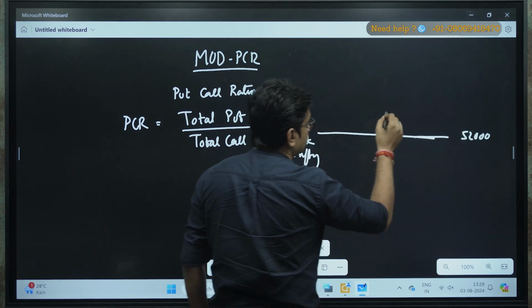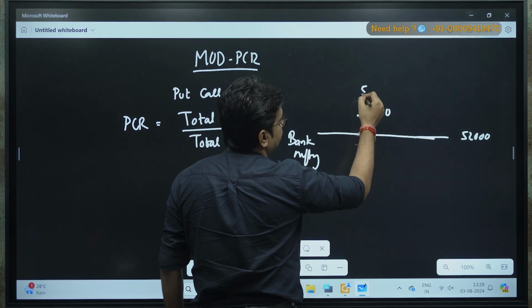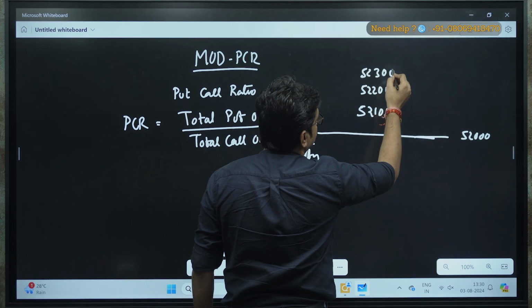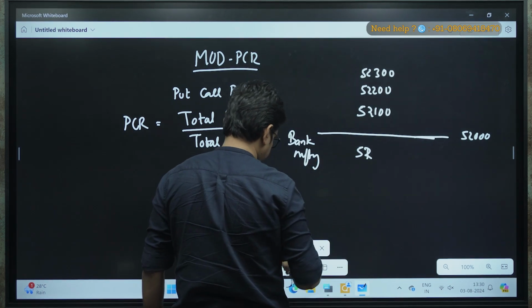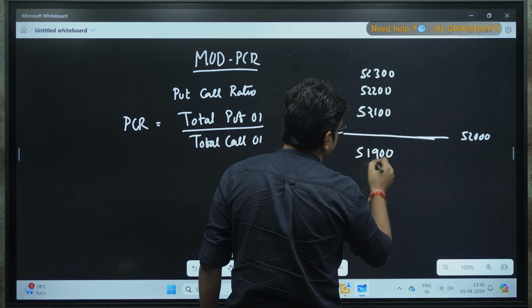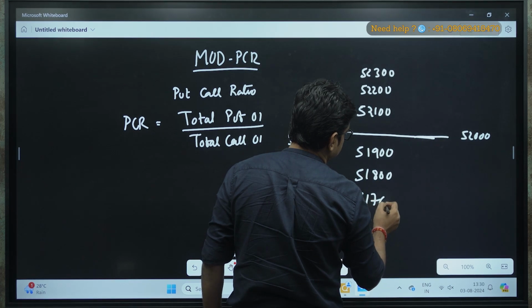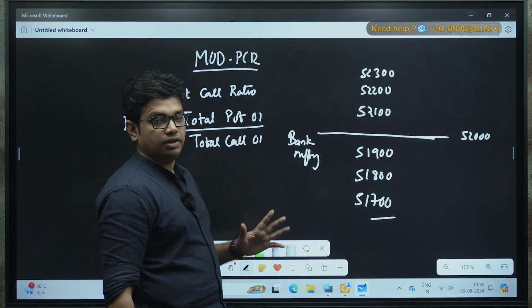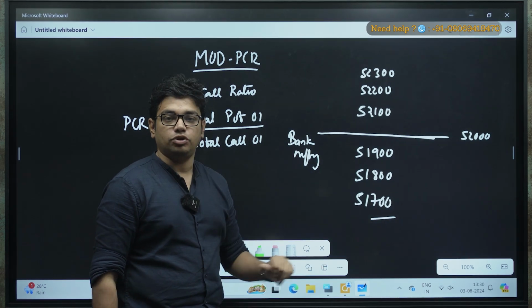Then you know that at 52,100, 52,200, 52,300, and here, I'm sorry, 51,900, 51,800, 51,700. These are the OTM strikes of the respective call and put. These are the OTM strikes of call and these are the OTM strikes of put option.